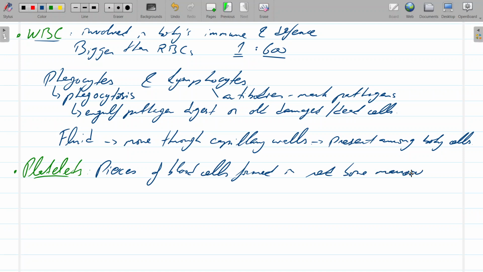What's bone marrow? Bone marrow is the substance that is inside bones. So our bones are not hollow, they're not empty. There's stuff inside the bones as well. And platelets help in the process of clotting.